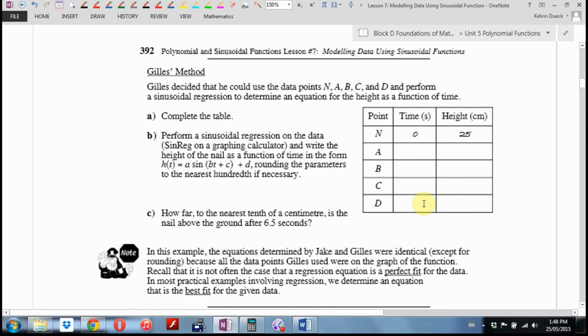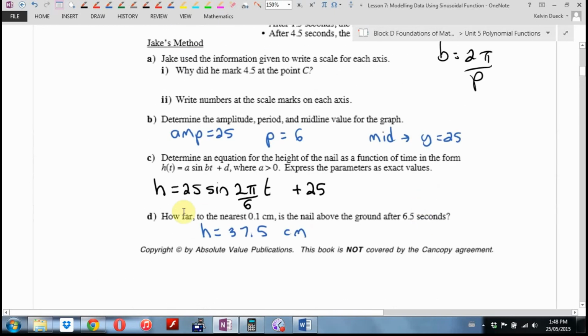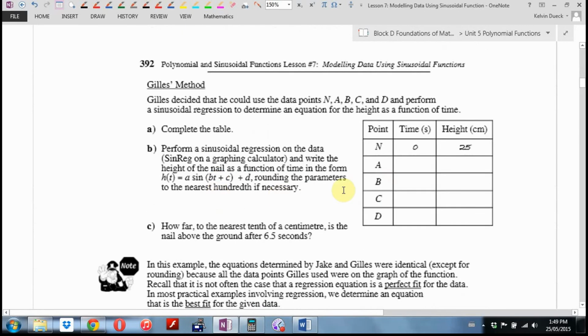One method to get the equation, Darian, we got this equation in black by using our knowledge of amplitude, period, and phase shift. However, you'll notice another method: we got the same equation by using regression, by typing in those points. Gill decided he could use the points A, B, and so on, and perform a regression on them. So what were the points that we typed in?